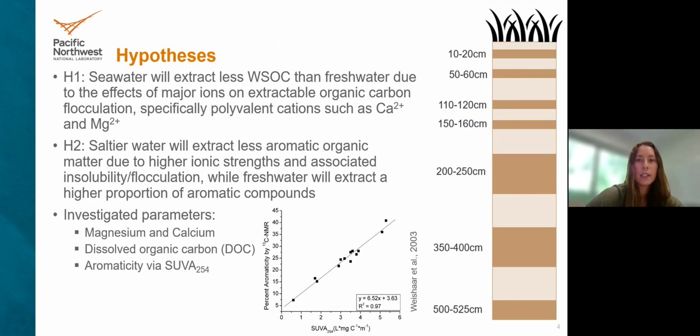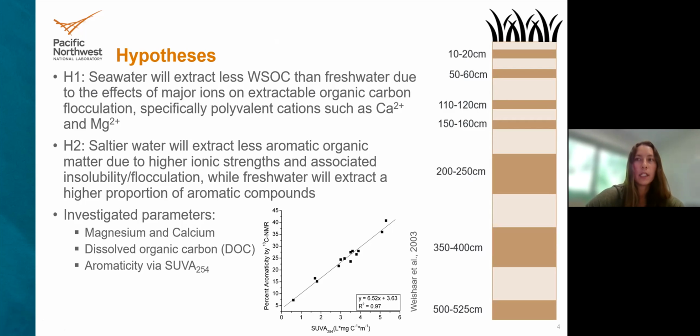We hypothesized firstly that seawater would extract less water-soluble organic carbon than freshwater due to the effects of polyvalent cations such as calcium and magnesium. And secondly, that saltier water would extract less aromatic organic matter due to higher ionic strengths.